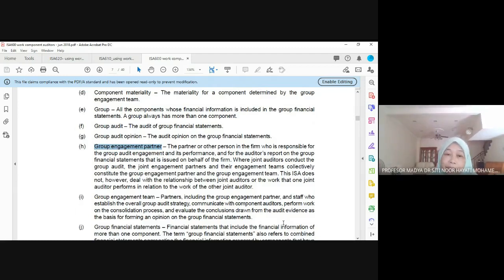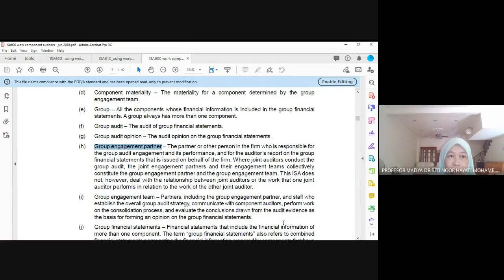Clear about that? So it could be that for the whole group, the same auditor can also happen. If like that, then there is no problem. We are not going to have the issue about using the work of component auditors.